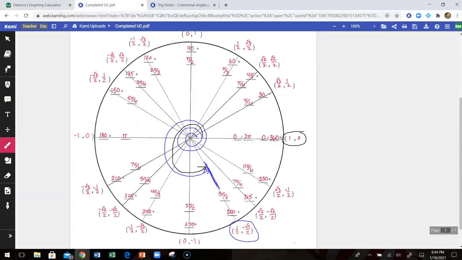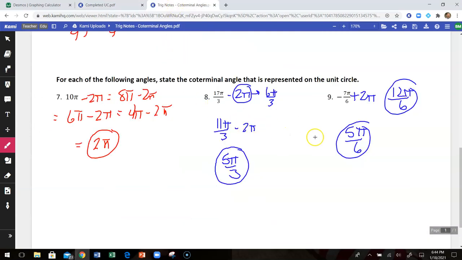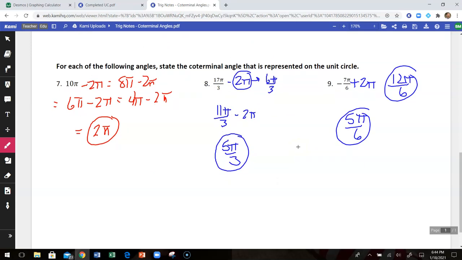Then I can use the idea that cosine is the x-coordinate there, so I know that because the cosine of 5 pi over 3 is 1/2, the cosine of 17 pi over 3 also has to be 1/2, because 5 pi over 3 and 17 pi over 3 are coterminal. Okay? So that is the idea of coterminal angles. They end up in the same location on the unit circle.